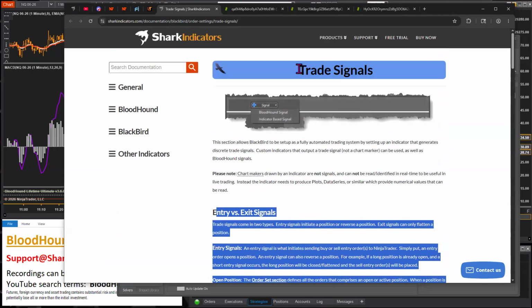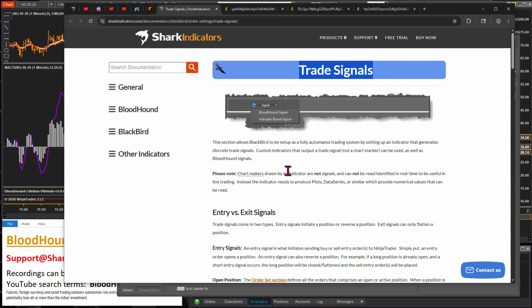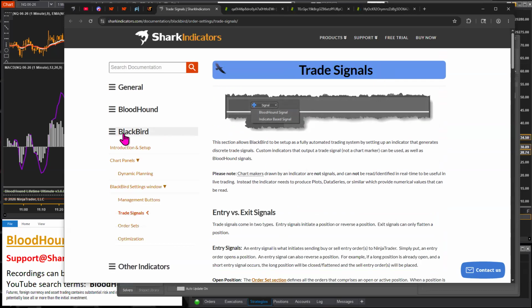Again, that's on the trade signals page. So in Blackbird, there you go, right there. So, a little bit of reading tonight, Melroy.